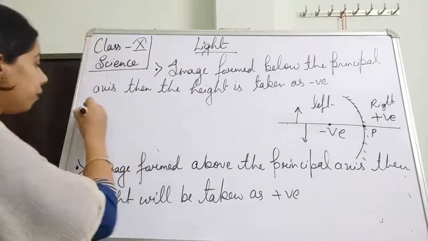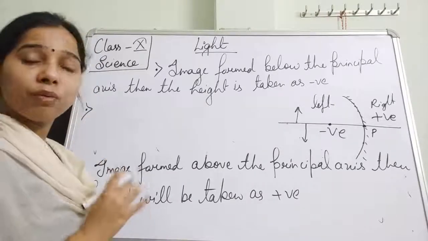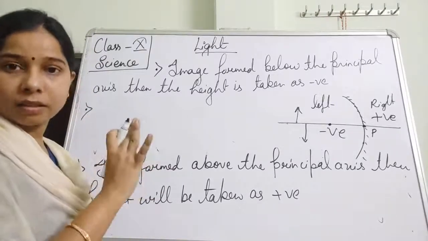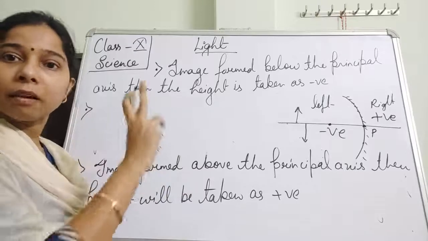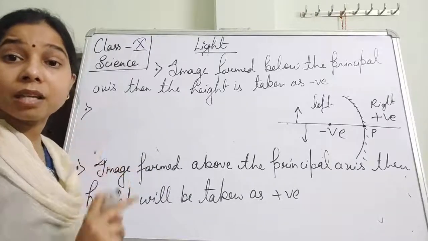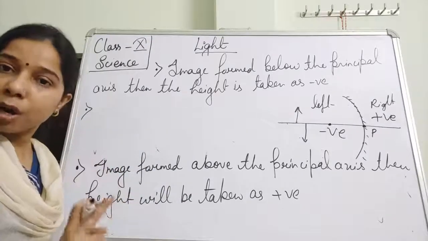And here we know that when the image formed is virtual and erect, only then the image will be above the principal axis. At that time we will take the height as positive.